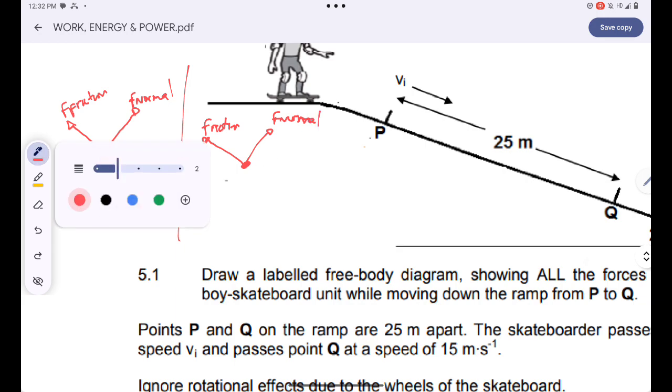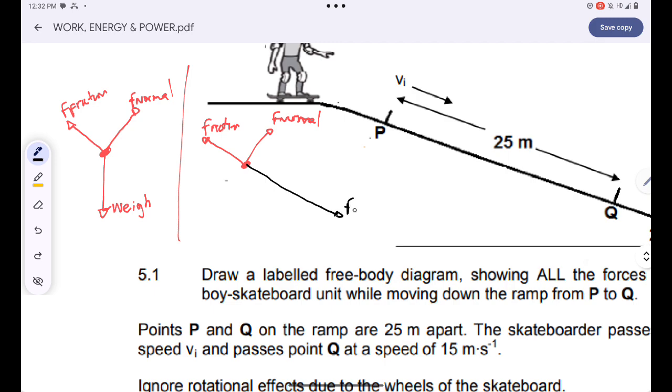And then we have our components of gravity. We'll have the Fg parallel, the force of gravity which is parallel to the inclined surface, and the other component which is perpendicular to the inclined surface.